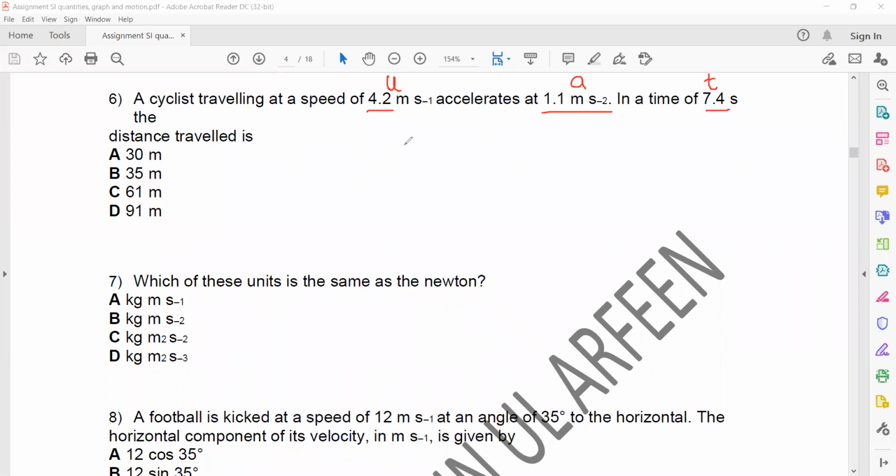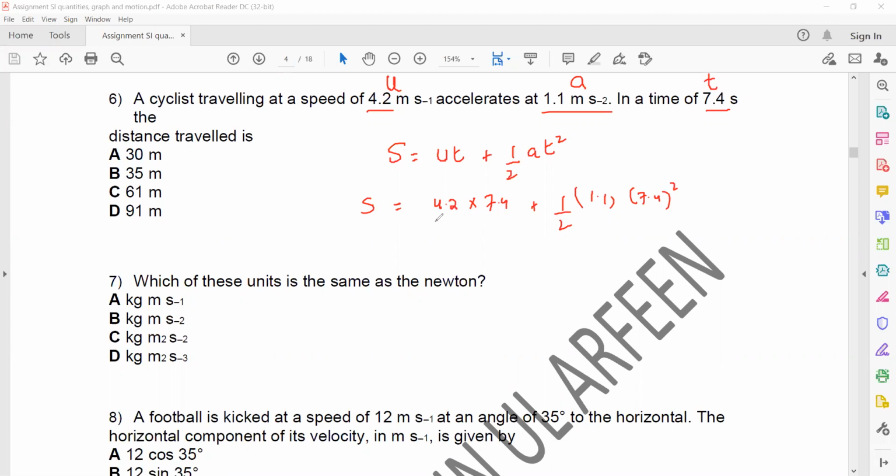So we have the formula s equals ut plus half at squared. Using this formula, when we substitute the values, initial velocity is 4.2, time is 7.4, plus 1 by 2, acceleration is 1.1, and time is 7.4 whole squared.